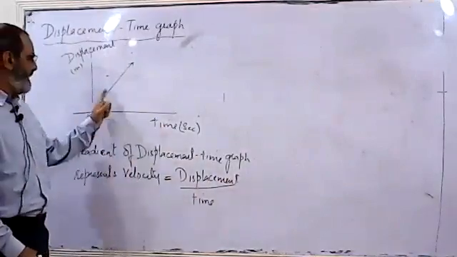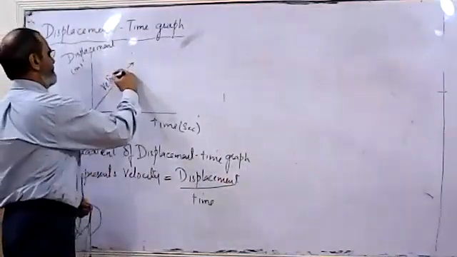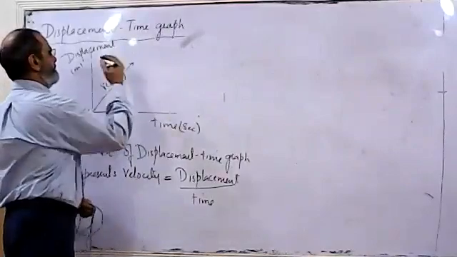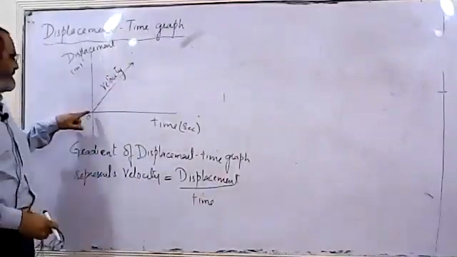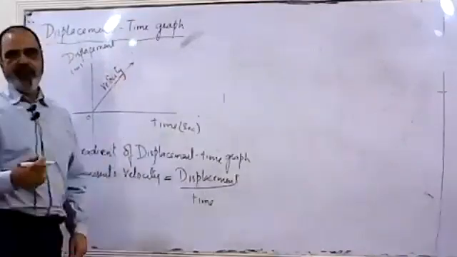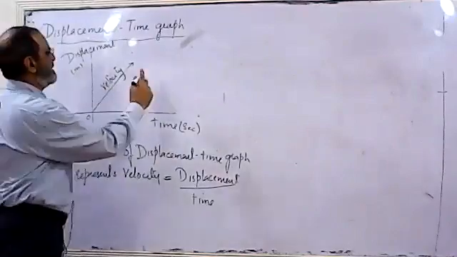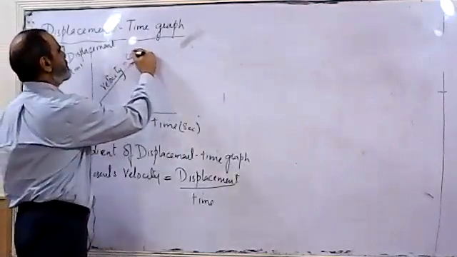So this line is representing velocity. If this line is straight, not a curve, then it represents a constant quantity. So in this case, velocity is constant.